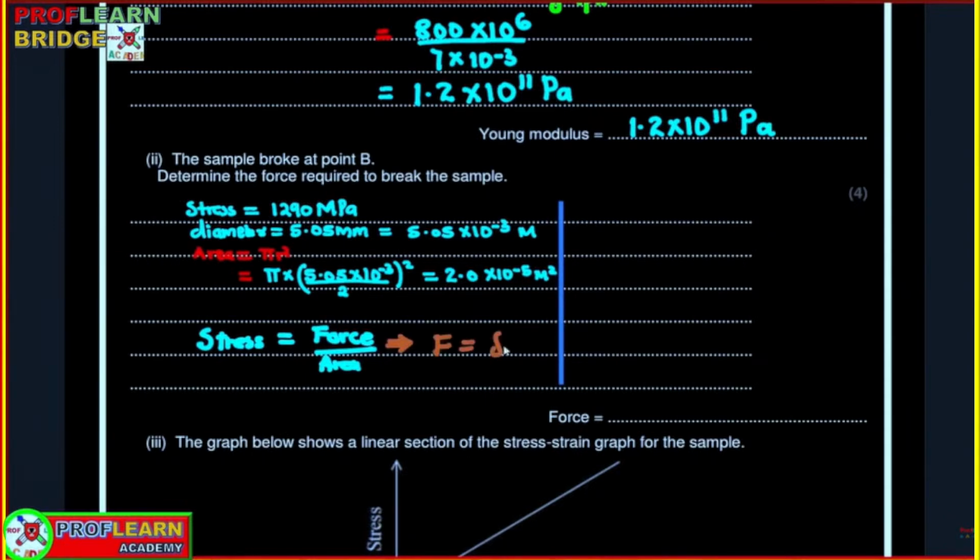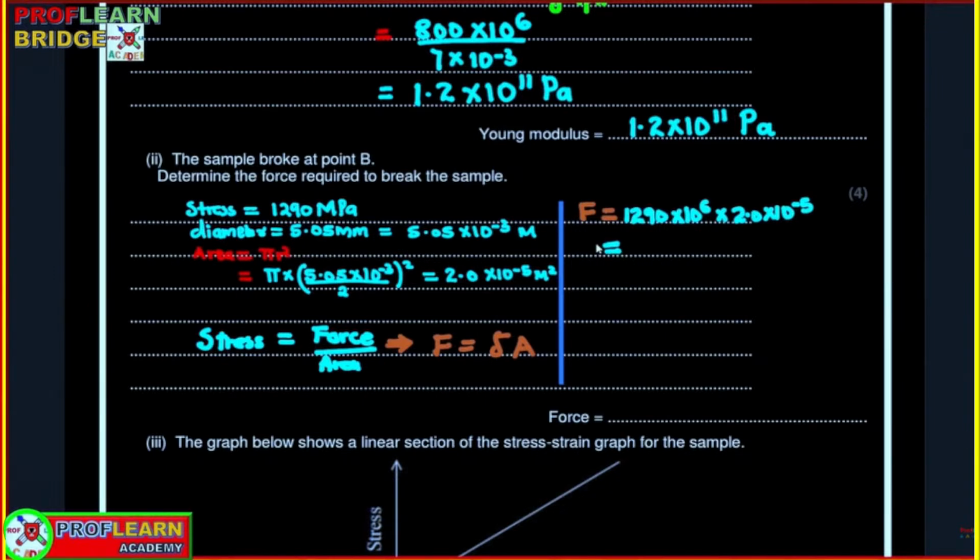Then we can now say force equals stress times cross-section area, because if you rearrange that, force will be equal to stress times cross-section area, meaning that we can now multiply that cross-section area together with the stress.